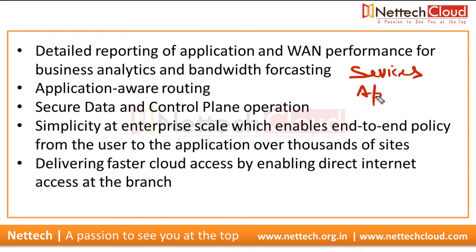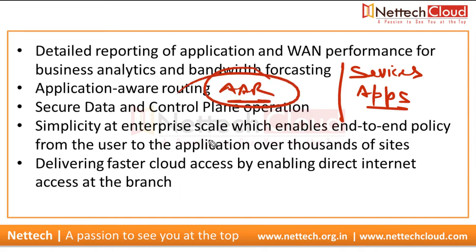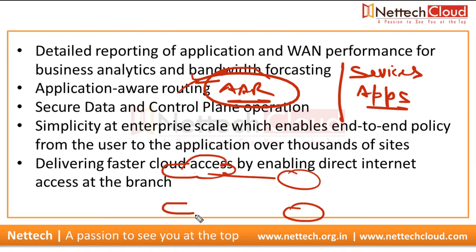Because in SD-WAN, when we create application aware routing, you understand what application aware routing means: selecting path or transport based on applications, right?